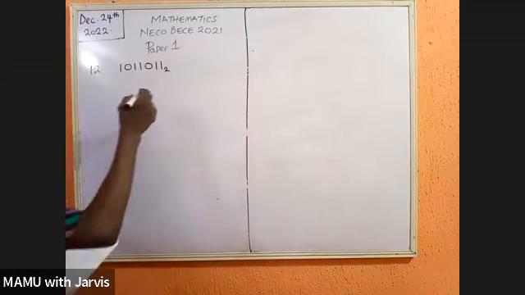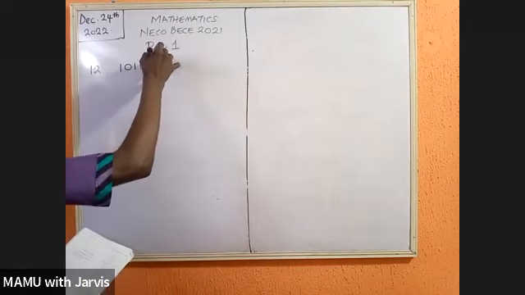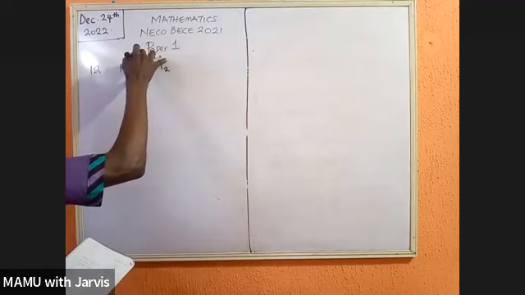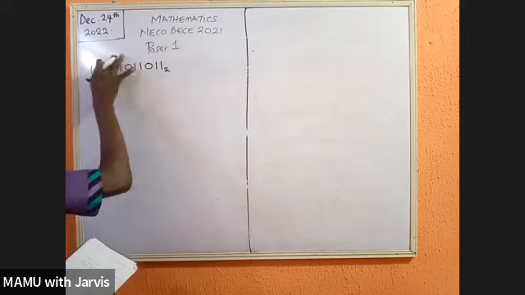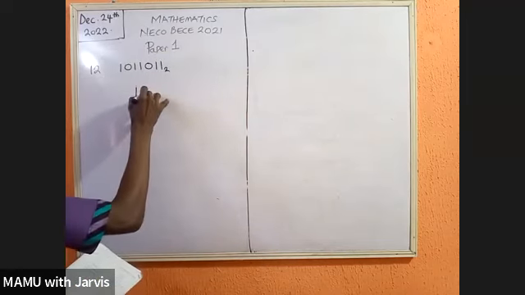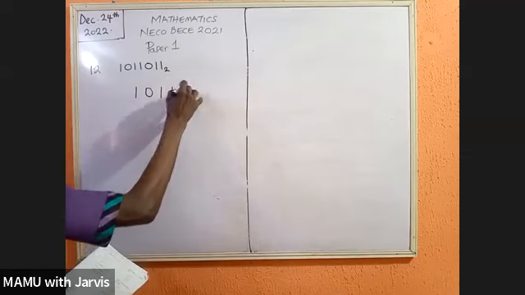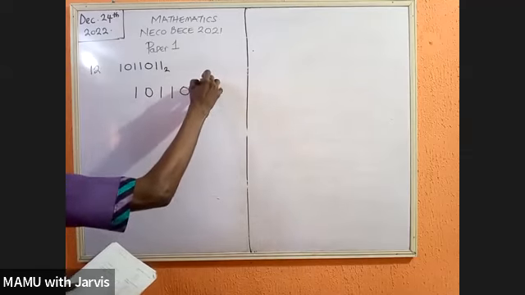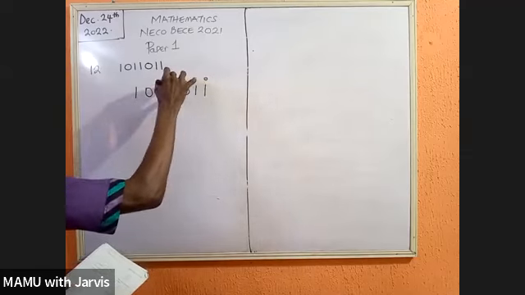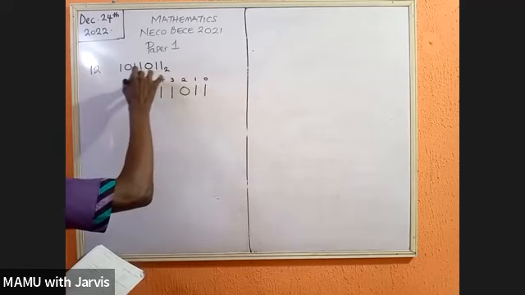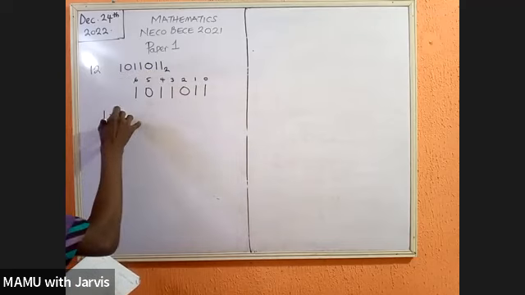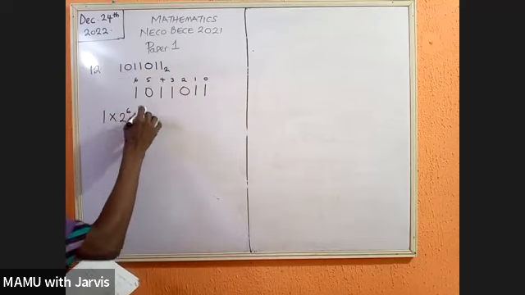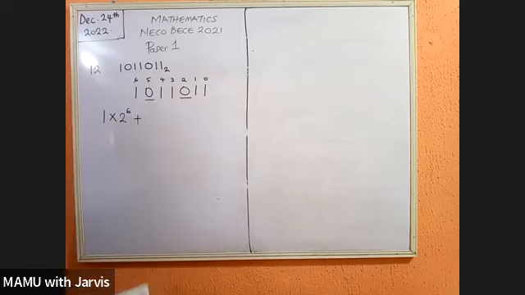Convert to base 10. So the first thing you want to do is to attach what I call place values there: 0, 1, 2, 3, 4, 5, and 6. I think we should write that out so that you can see what I'm doing very well. So this will be 1 times 2 raised to the power of 6, plus, I don't need to consider these ones because it's 0.